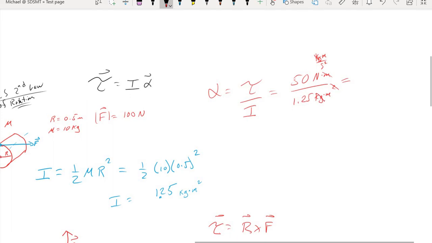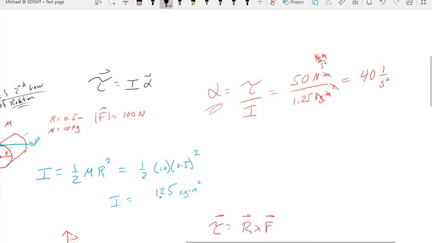And let's see here, do I have one too many meters? Yep, I do. But that's actually okay. I lost all the meters there, and that's okay. That's actually a good sign. Because now what's left, we have 50 divided by 1.25, which is 40. And the only thing that survived out of the units was the 1 over s squared.